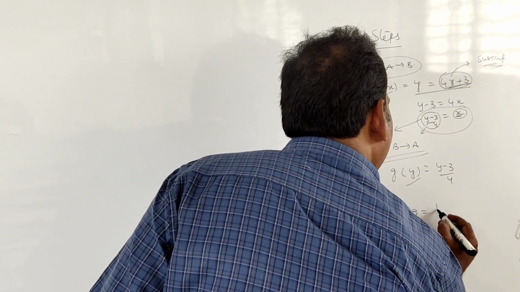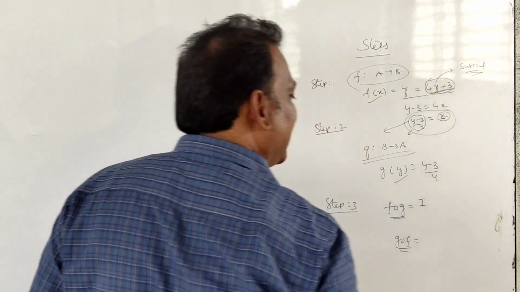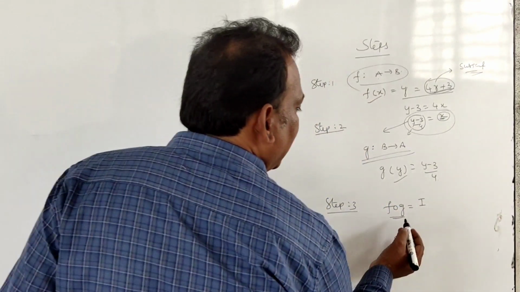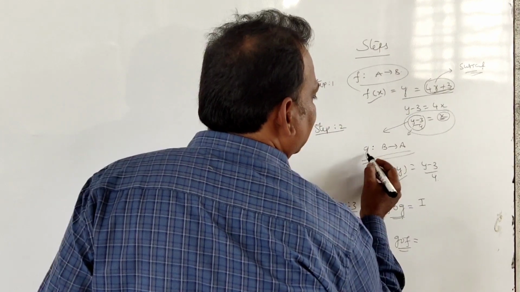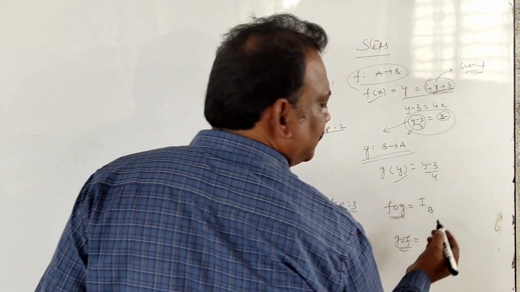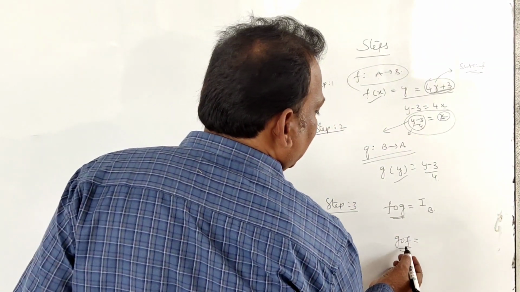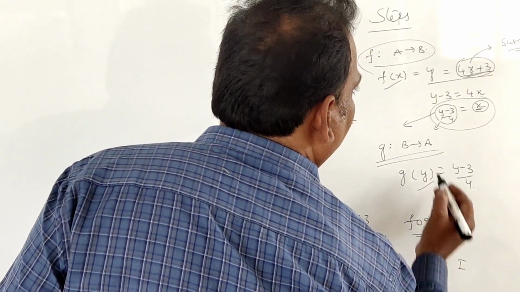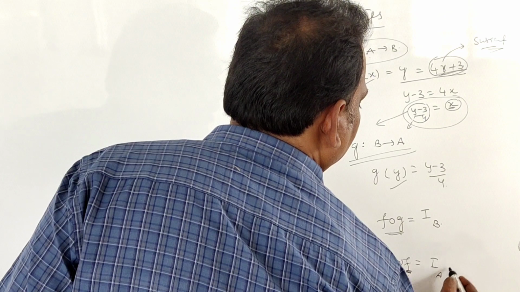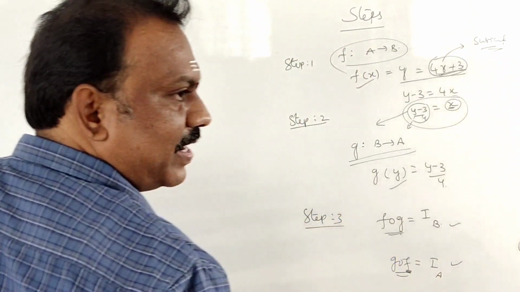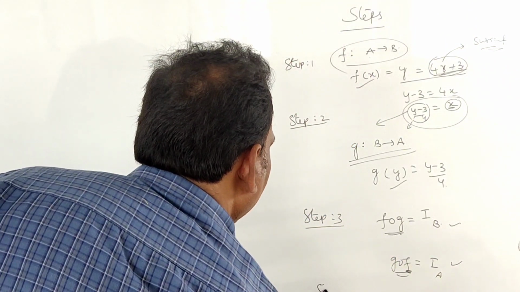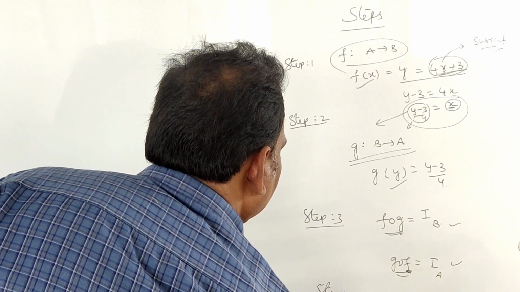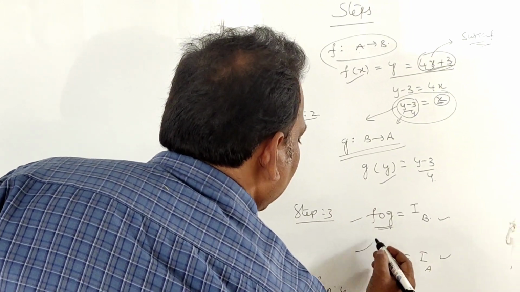If you calculate f circle g, you should get the identity function on g's domain. What is g's domain here? B. If you calculate g circle f, you get the identity function on f's domain. What is f's domain? A. So, completed. Then finally, you will write in step 4 that this is possible.